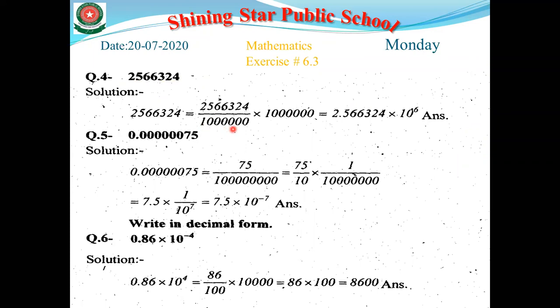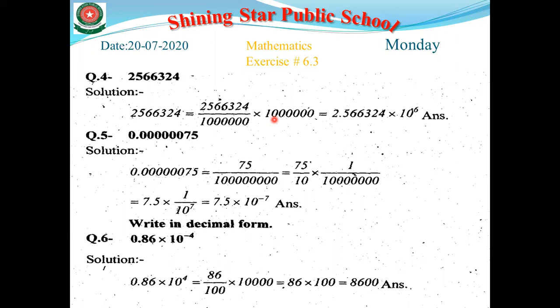And we know that if in the question we multiply with something, we have to divide with it. So if we write here 1 and 6 zeros, we have to multiply with 1 and 6 zeros, which means 10 lakh.